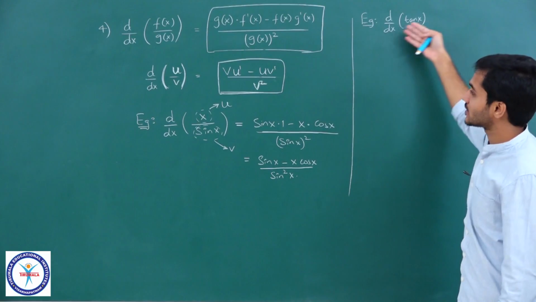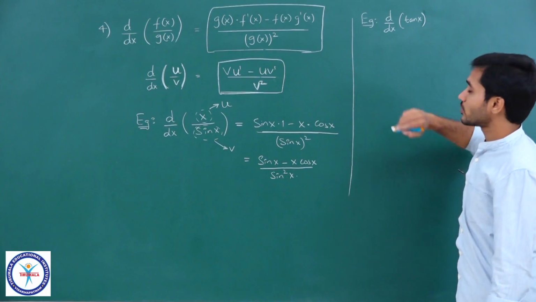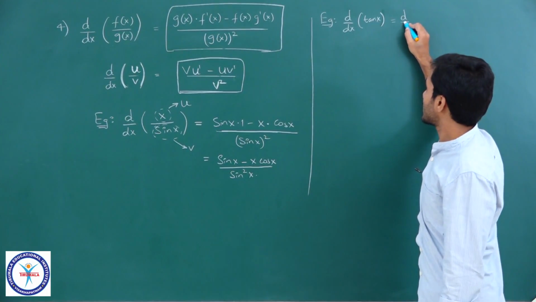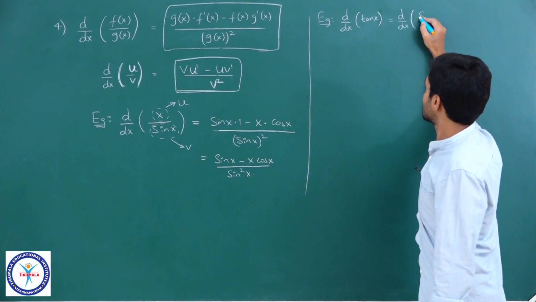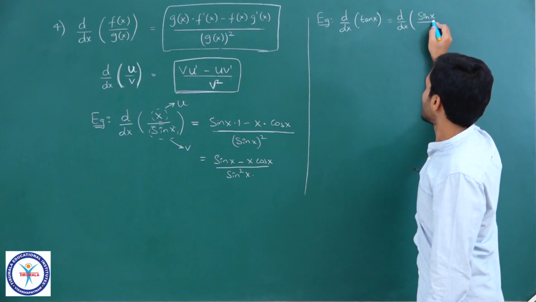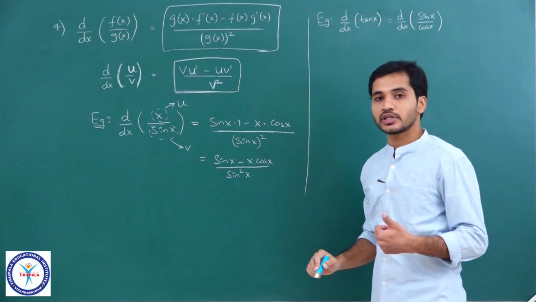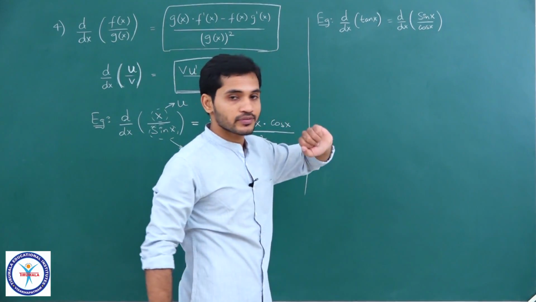Why am I giving you this example here? Because tan x can be written as sin x by cos x. Now, we have 2 functions, one in the numerator, one in the denominator. Can you try finding out the derivative of that?